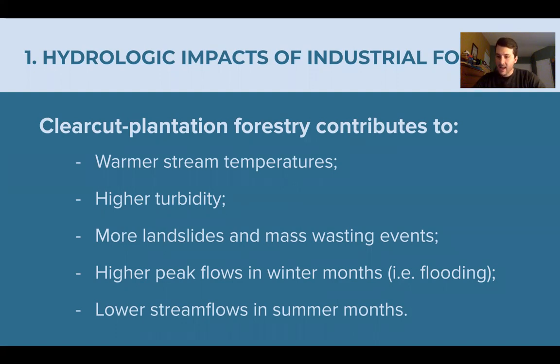There's more landslides, more mass wasting events. There's higher peak flows in the winter, so that's where flooding and erosion can come into play. So the peak flow is the max flow in the winter, and then industrial forestry also means the polar opposite of that in the summer, where there's too little water during the summer months.